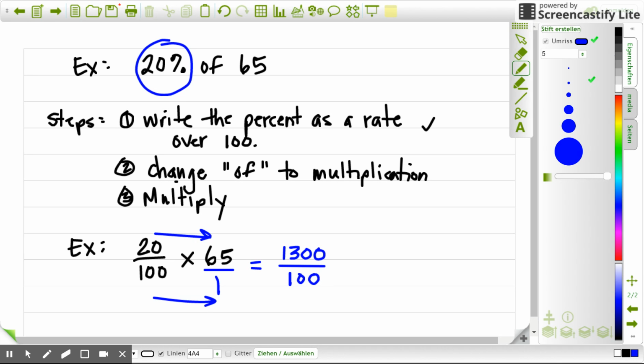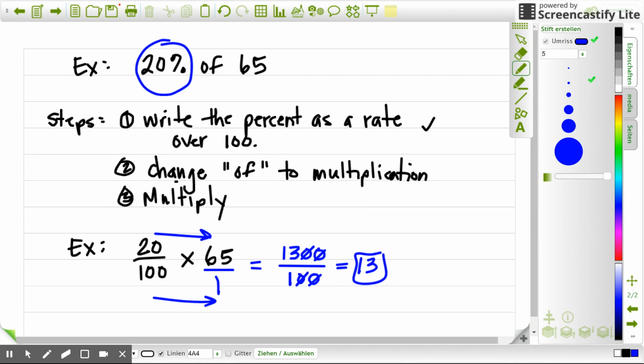From here, we're going to simplify that or divide. 1,300 divided by 100. Okay, these problems are really nice because anytime you divide by 100, you can take a shortcut and cross out these two zeros, and these cancel out these two zeros, and now it's just 13 divided by 1, which is 13. So our answer is 13.